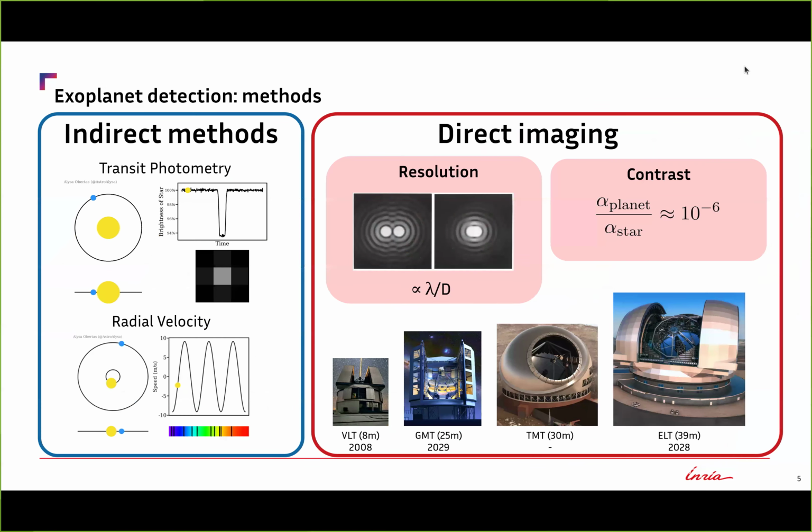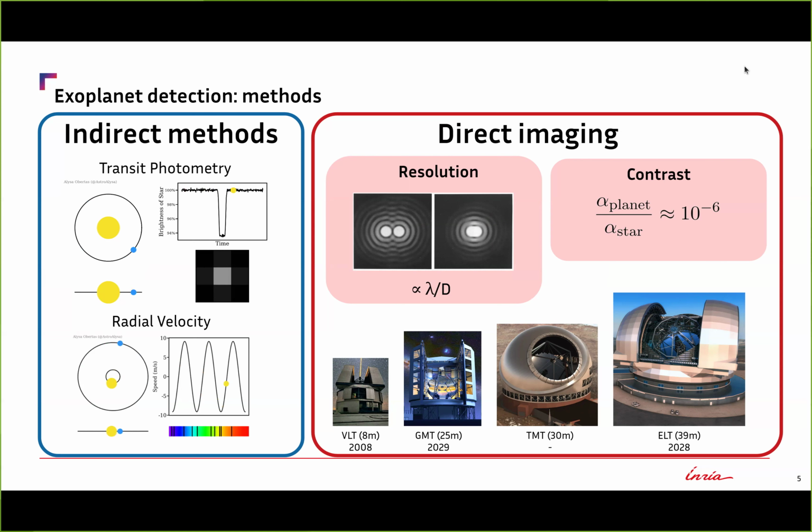I'm sure you're very well aware of the methods for detecting exoplanets, but I will do a quick recap. We have two categories of methods: indirect methods and direct methods. In this talk, we will focus on direct methods, direct imaging particularly. There are two main challenges in direct imaging.